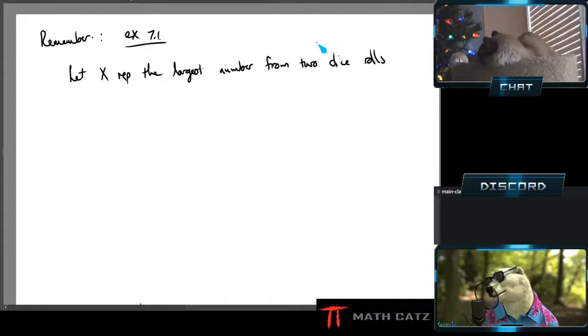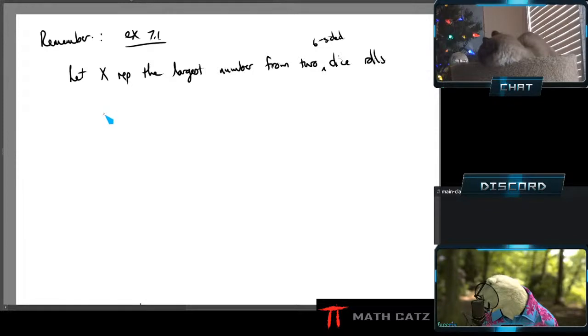Now, of course, it's exciting. I could change the dice, make it more interesting, but there's no need to make a new question here when I'm just trying to introduce another concept. So let's go with something familiar. Two dice rolls.